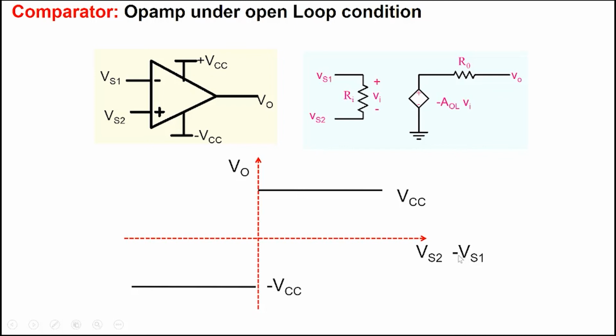And the moment Vs2 becomes a little larger than Vs1, note that Vs2 has to exceed Vs1 by maybe a few microvolts, because of the very high gain, the output will saturate. And by looking at the output, you can immediately tell if Vs1 is larger than Vs2 or Vs2 is larger than Vs1.